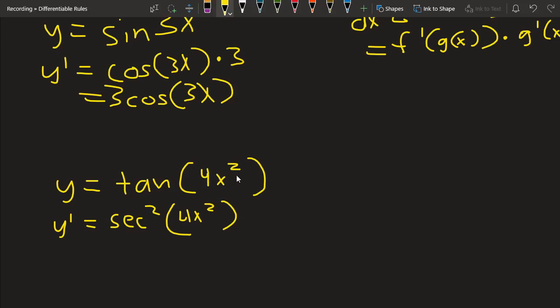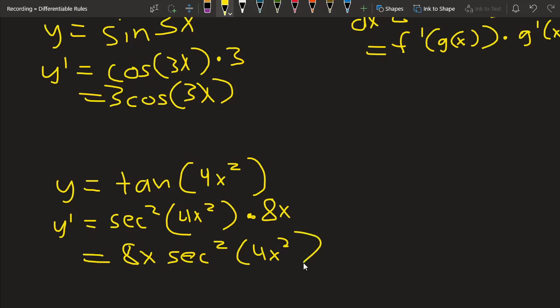So the derivative of 4x squared is just 8, or it's actually 8x, my bad. 8x, and we can rewrite this as 8x secant squared of 4x squared, like so. Alright, let's try a few more here.